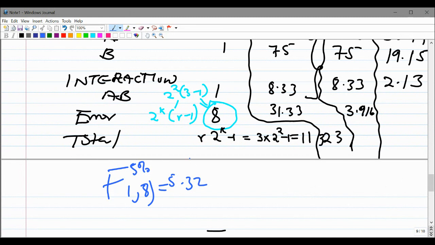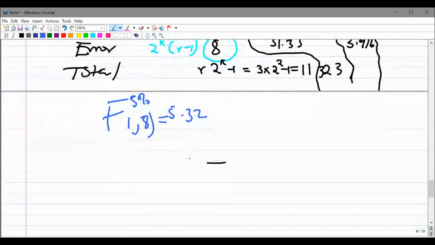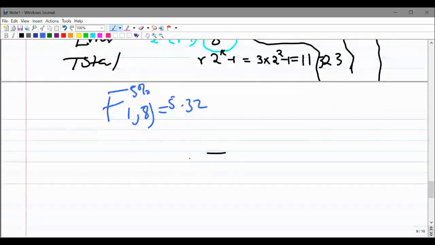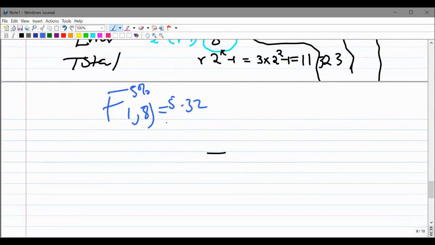5.32. So the question was, anyone who's having the study guide, can you read what was the question? Now we have F calculated. Question 1 says, calculate the sums of squares for the data.